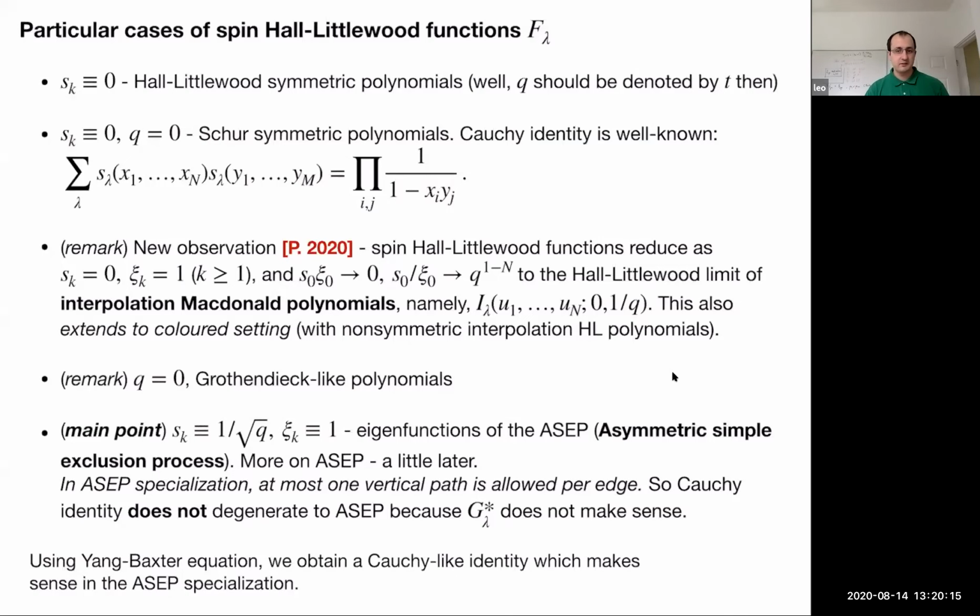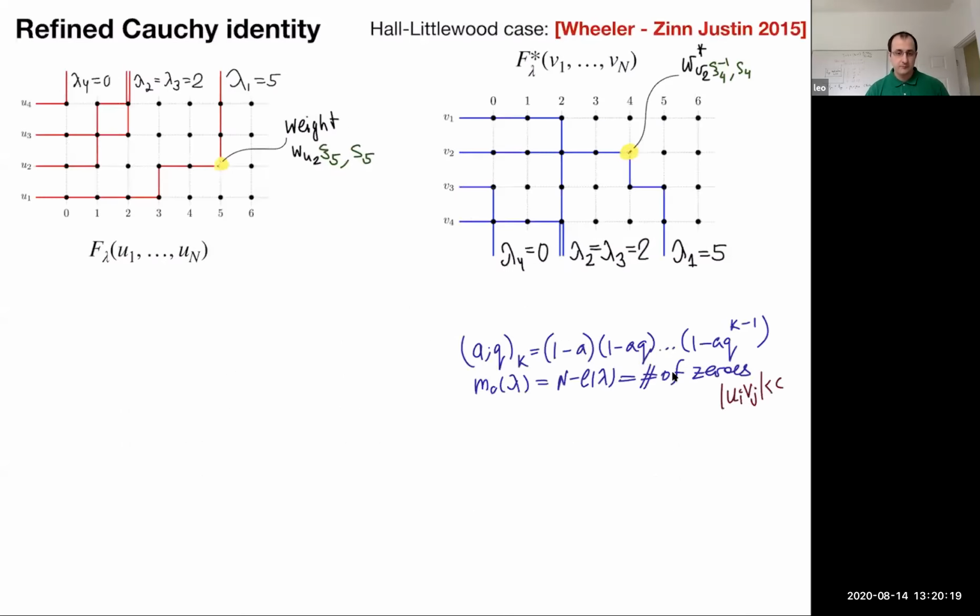This computation is slightly more involved, which you will see next. So here's the replacement for the G lambda star. Instead of G lambda star, I would like to use F lambda star, which is going to be very similar to the functions F lambda, where I'm taking blue vertices, W star, the dual vertex weights.